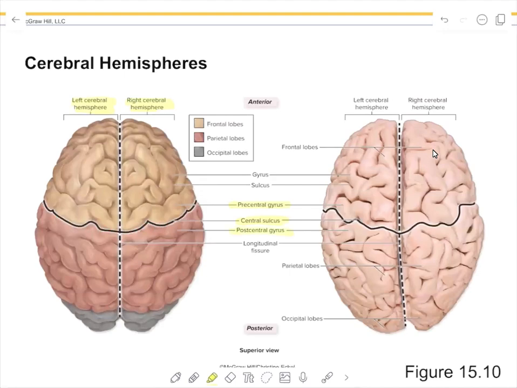Just behind it is another important gyrus called the postcentral gyrus. So what separates the two hemispheres now is a fissure called the longitudinal fissure. So it separates along this dotted line that we can see on the left and the right of our image.